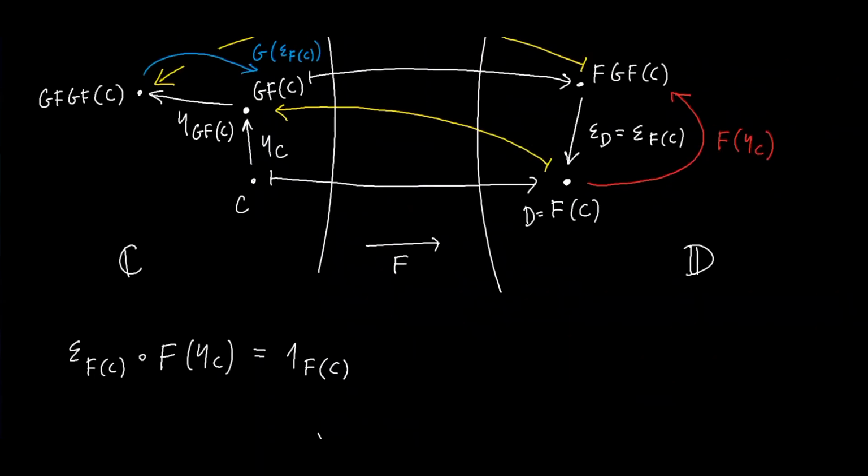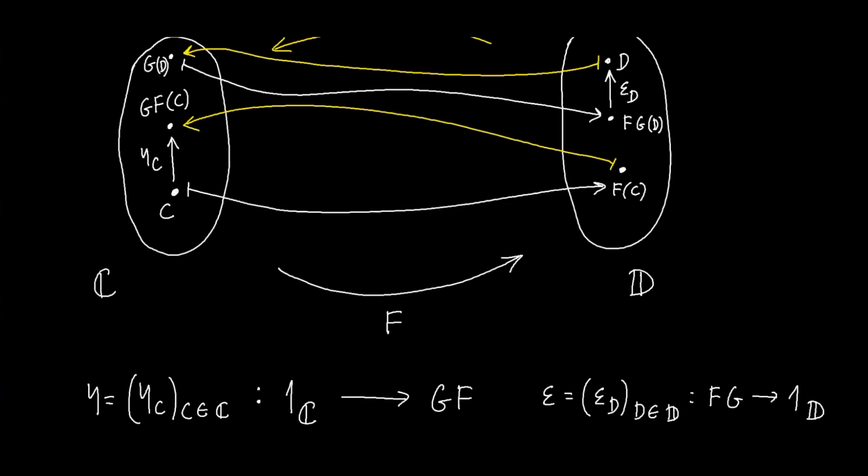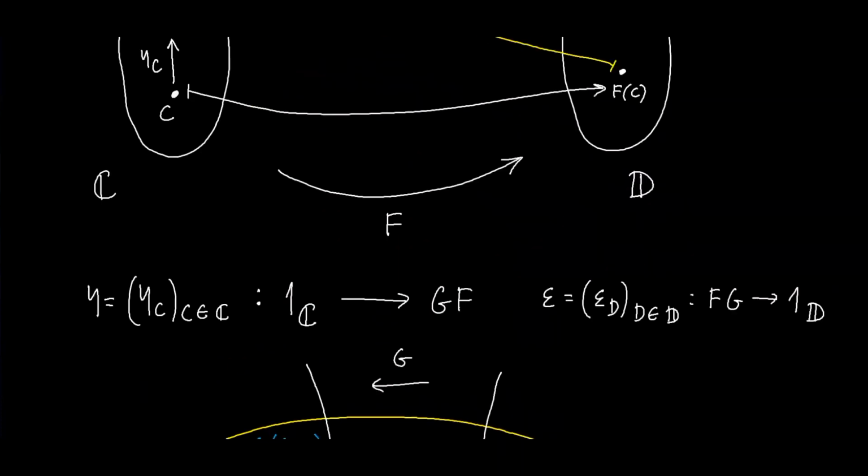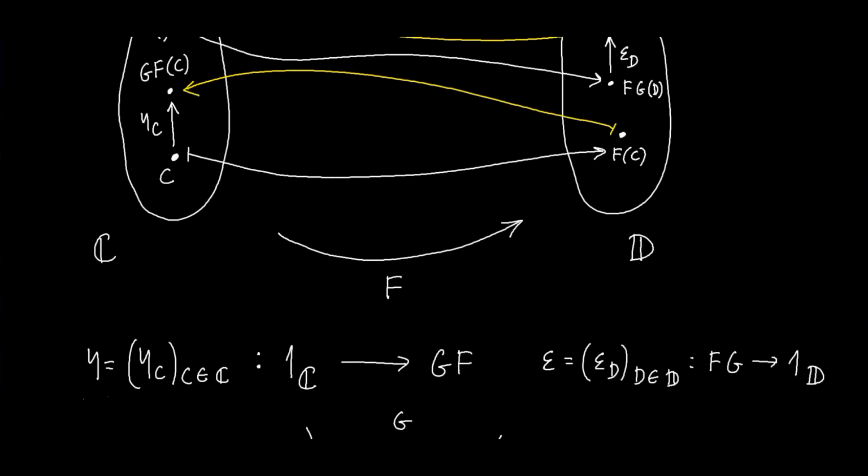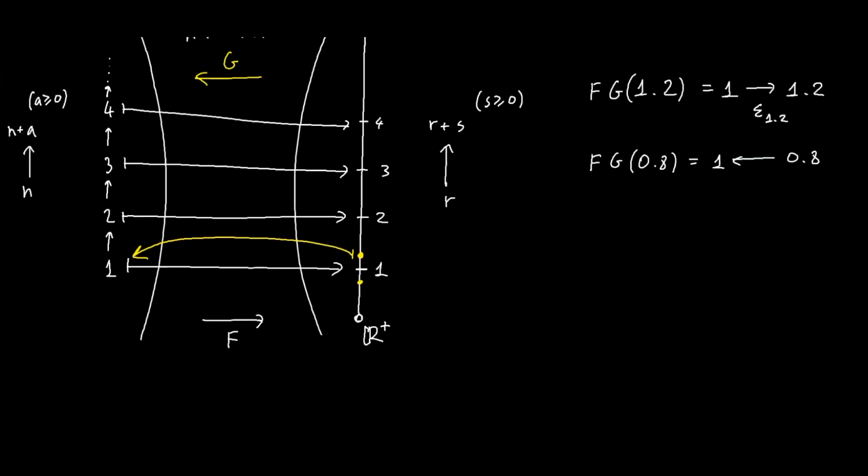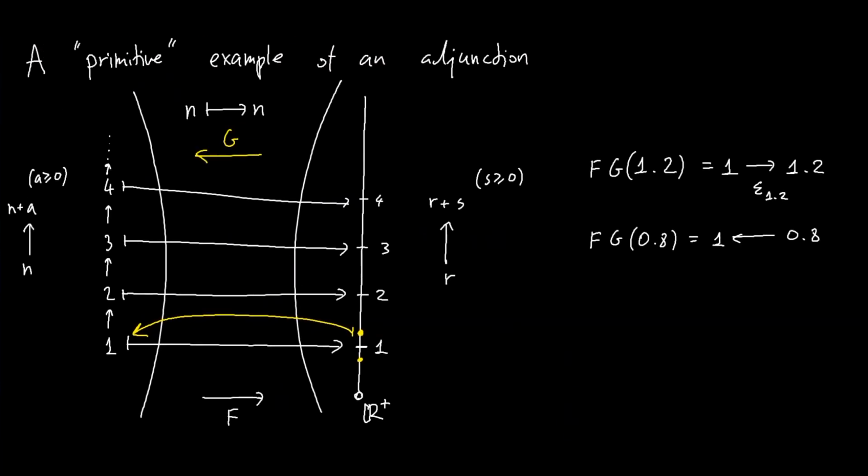We need to have either this natural transformation or that natural transformation on one side. Having this natural transformation means that throughout fg, the values of fg are always less than the original value. And here it means that the values of gf are always more than the original value. Does that clarify, Mick? Yes, that does.